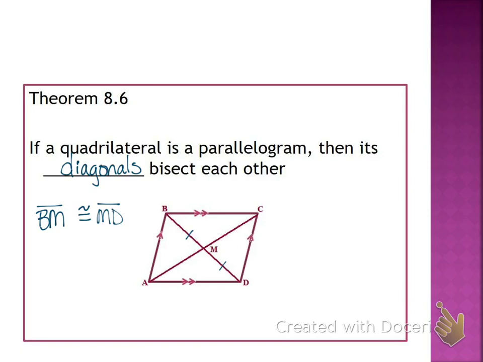It would also mean that AM is congruent to MC. So the other diagonal is split into two little congruent pieces. This does not mean that BM and AM are the same. That's not necessarily going to be true. We will talk about specific situations when that does happen later in this chapter.